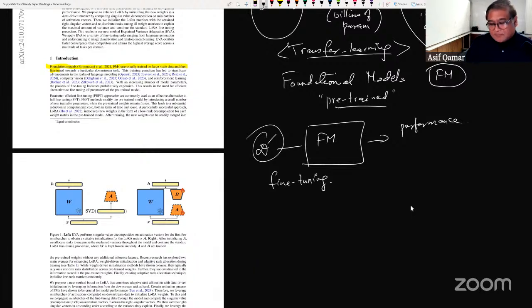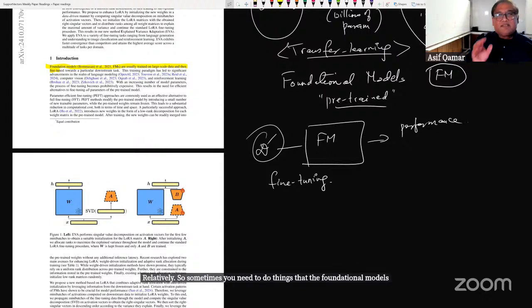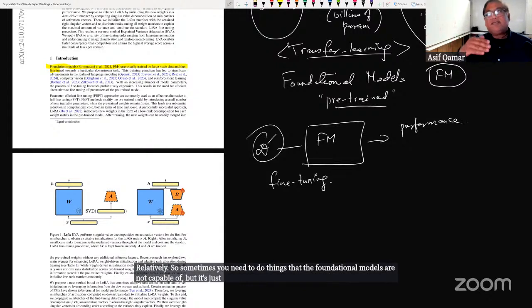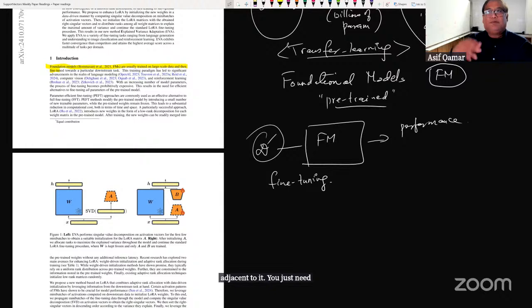That would not be as hard a task relatively. So sometimes you need to do things that the foundational models are not capable of, but it's just adjacent to it. You just need a little refinement or fine-tuning of the knobs within the model. And therefore the term fine-tuning.